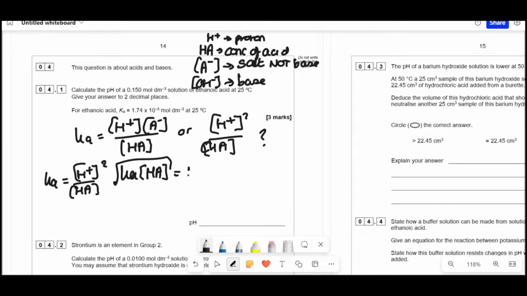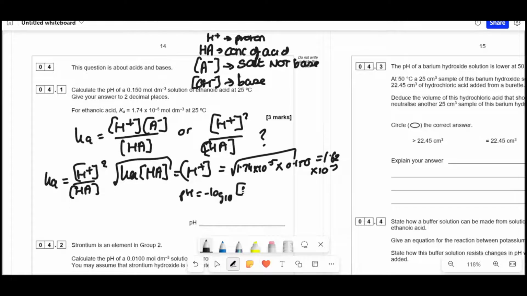So I'm going to square root that, and that gives me my H plus, which would be the square root of 1.74 times 10 to the minus 5 times the HA, which is 0.150, which gives you 1.62 times 10 to the minus 3. And then pH equals negative log to the base 10 of the H plus, which gives you 2.79.